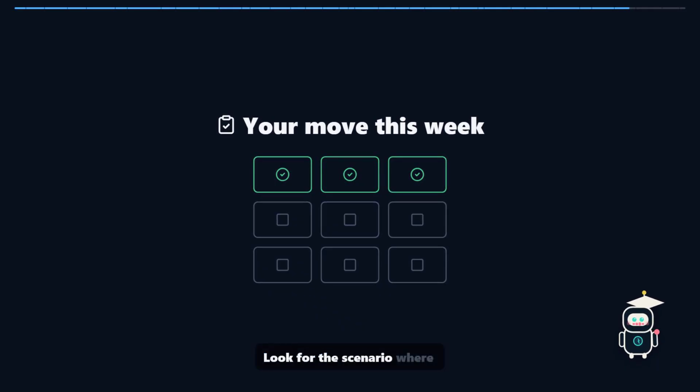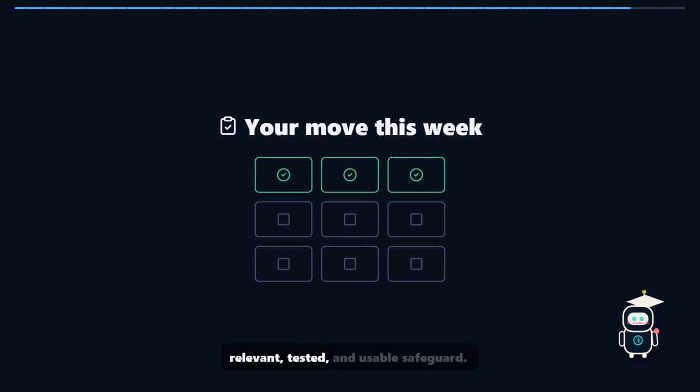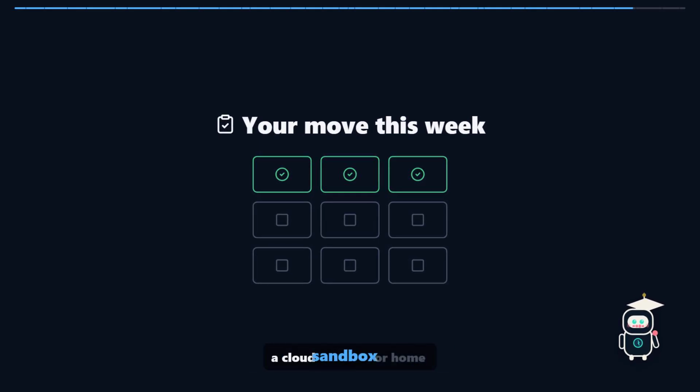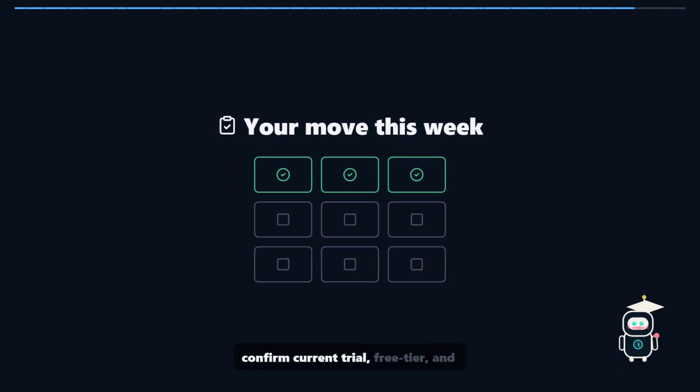Look for the scenario where an important failure has no relevant, tested, and usable safeguard. If you want to go deeper, consult the NIST SP 800-53 control catalog and use a cloud sandbox or home lab to practice safely. Always confirm current trial, free tier, and billing terms before creating resources.